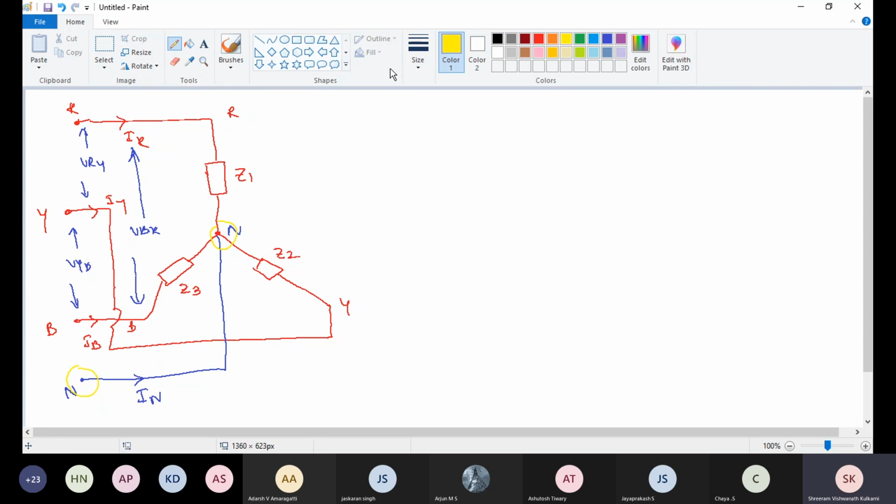Now I can write the neutral current IN equals IR plus IY plus IB. Then VRN, tell me what is VRN?